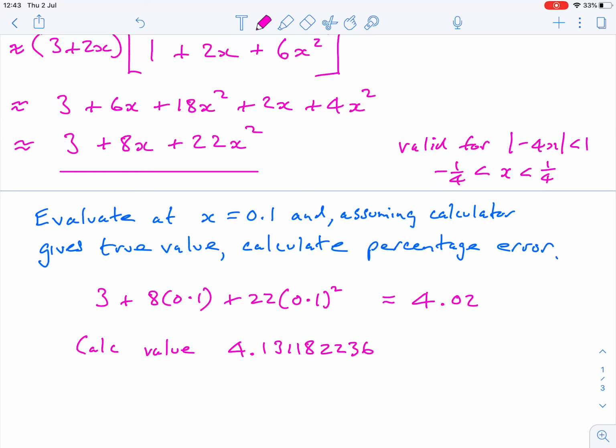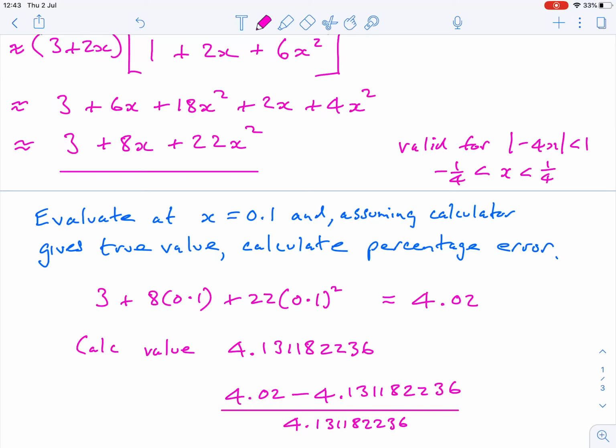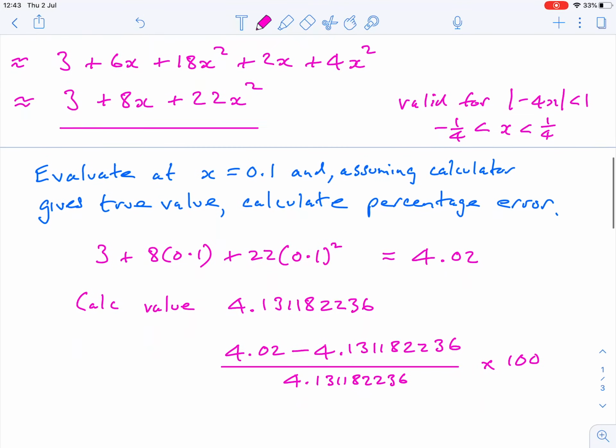4.131182236. And so our percentage error would be 4.02 minus 4.131182236 divided by 4.131182236 times 100. What am I doing there? Well, the actual error is 4.02 minus the correct value, and then to express it as a percentage error, I divide that error by the real value and multiply by 100 to turn it into a percentage.